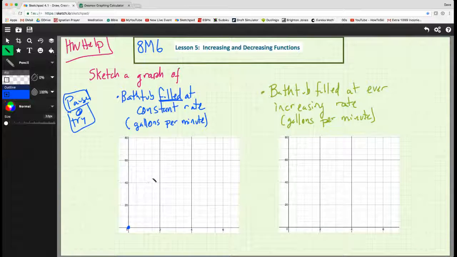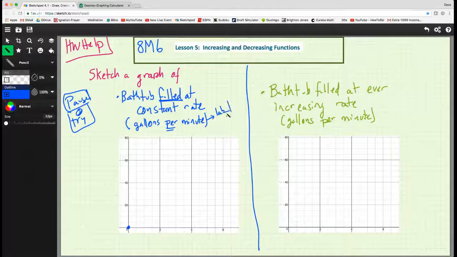Okay, now I assume you're back, and we're going to work this problem slowly but surely. So first of all, if we're talking about gallons per minute, what are our units? Let's label our axes.